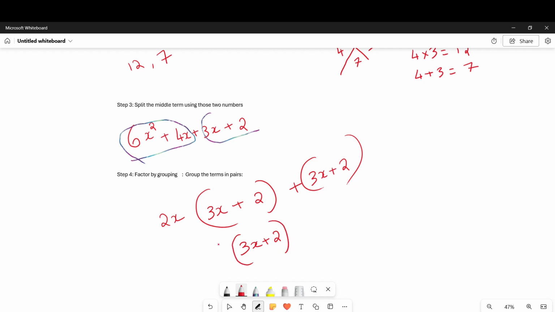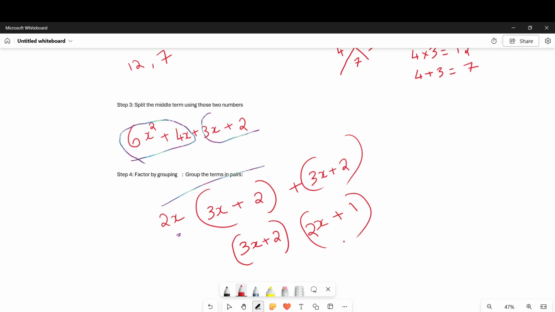What's remaining on the left-hand side? Only 2x remains, so we write 2x here. What remains here, because we already took 3x plus 2 out? Only 1, because there is a 1 here. So plus 1.